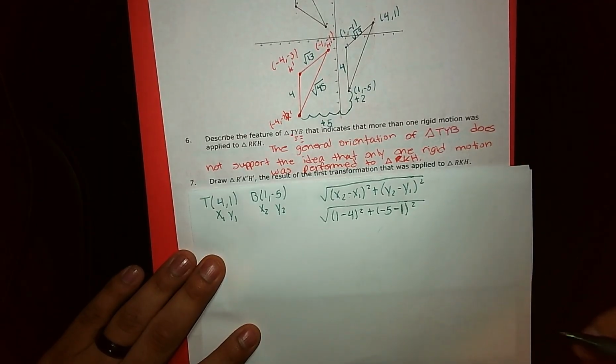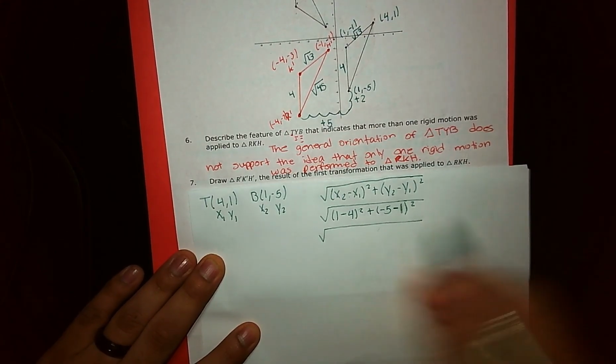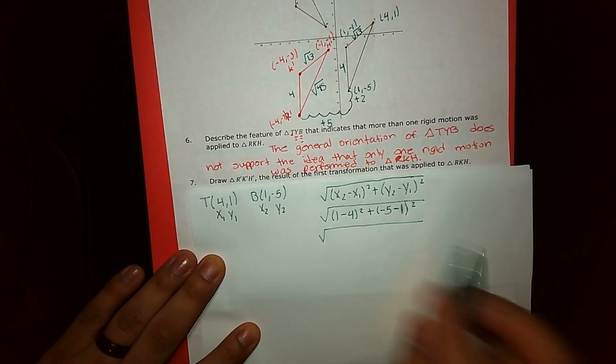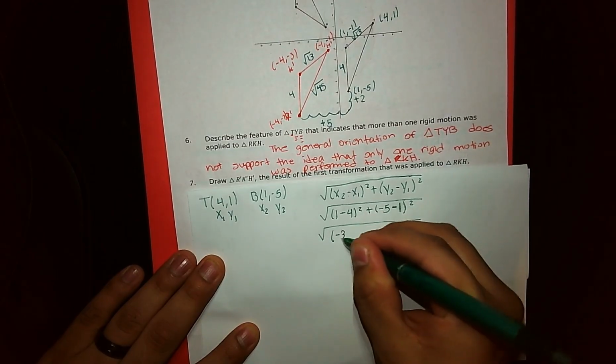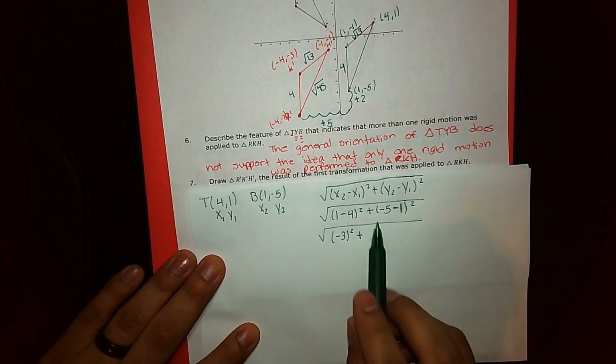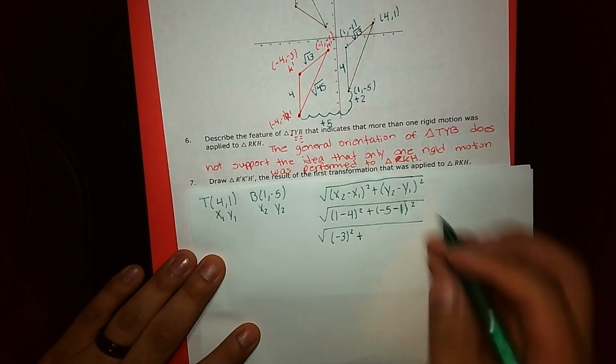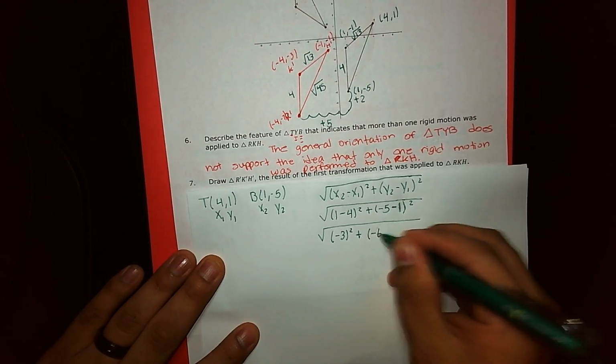Now let's just simplify. 1 minus 4 is negative 3, so we have negative 3 squared, plus negative 5 minus 1, which is the same thing as negative 6, so negative 6 squared.